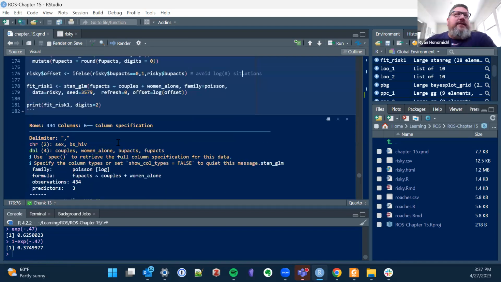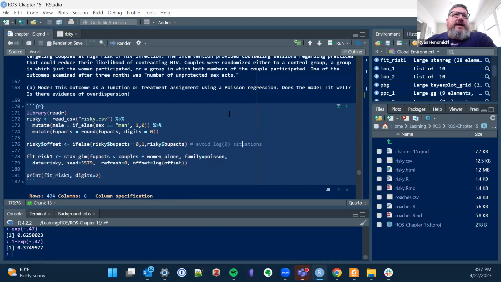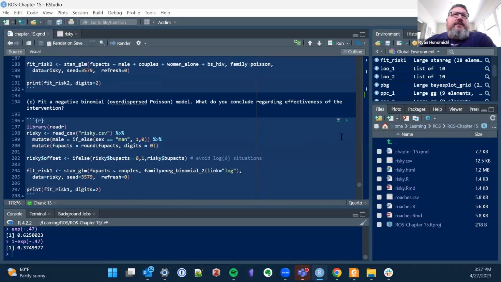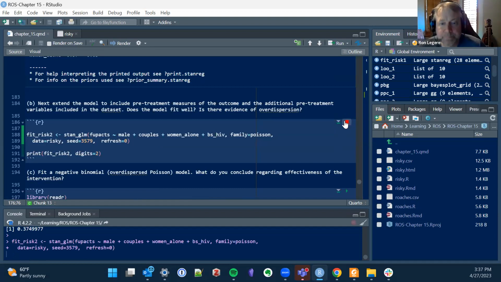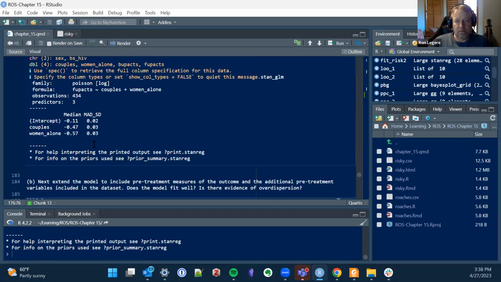The second part was they wanted us to go beyond just treatments, so I included gender, and I included whether or not they had HIV, and we're still doing a Poisson model. Now when we include gender and HIV status, obviously the effectiveness of the couples treatment drops, pretty substantially, by almost half.